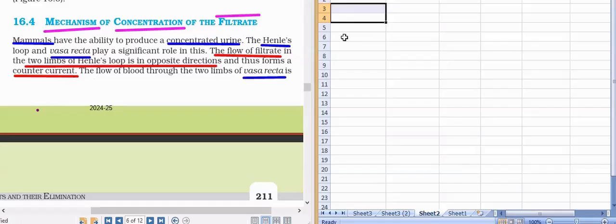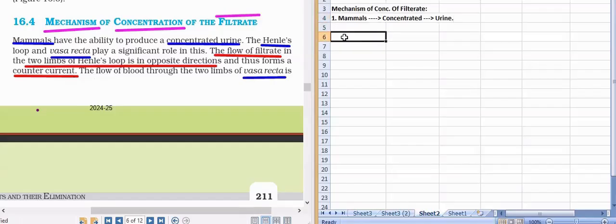Now make notes. Third: the mechanism of concentration of filtrate. How does this happen? First point is mammals. Mammals have the ability to produce concentrated urine.